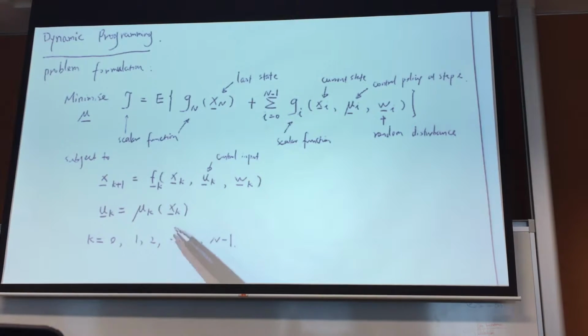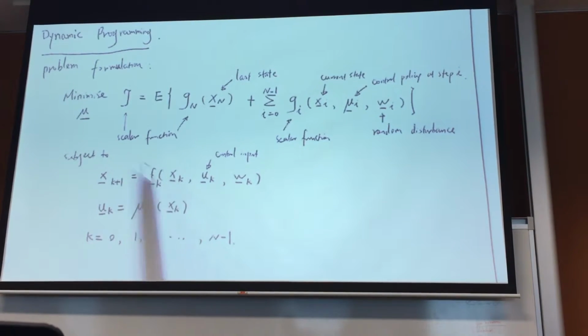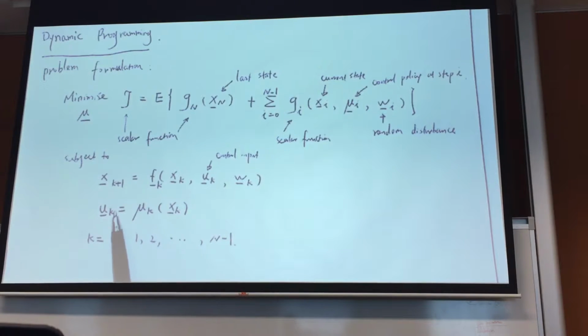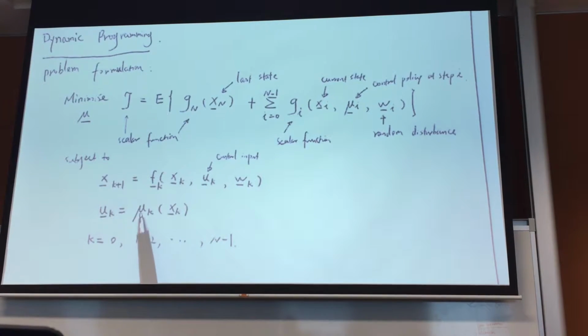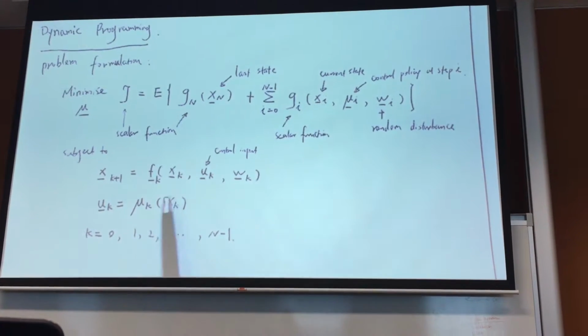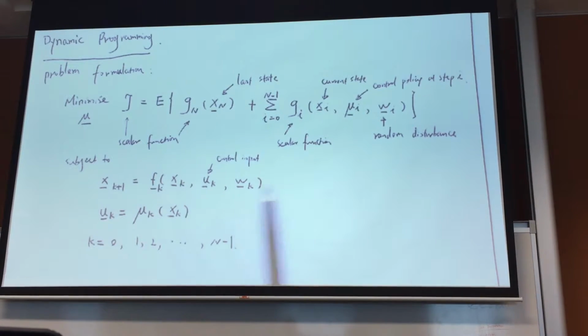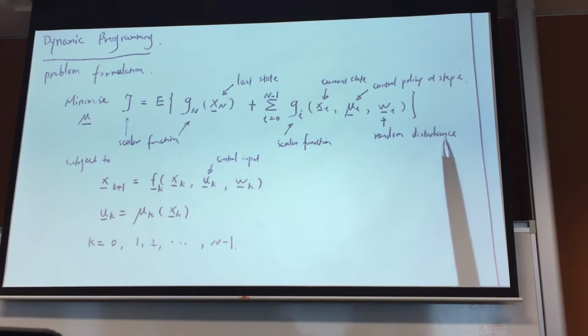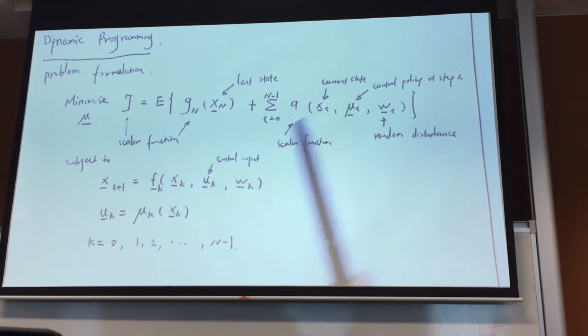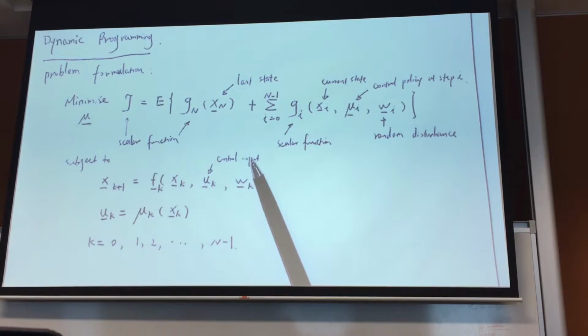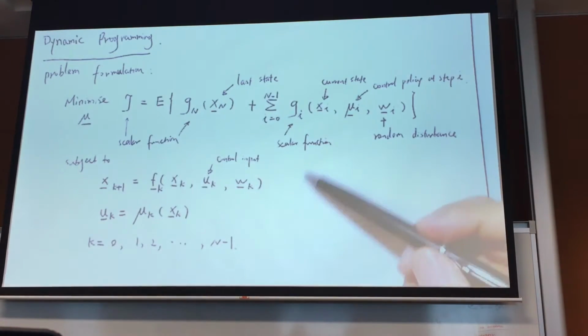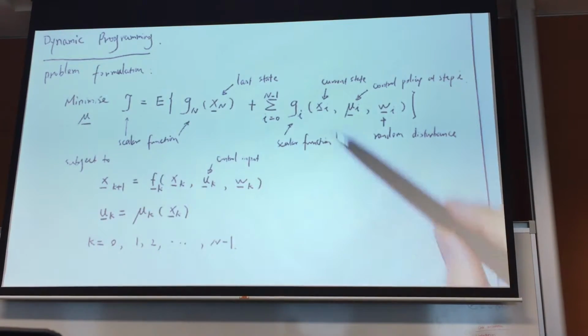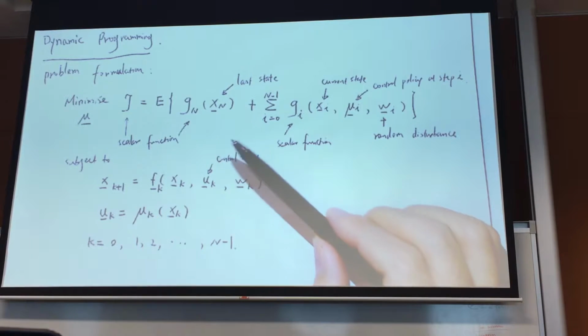We can deal with different control policies in different stages, leading to different states, and we can also deal with the random variables that are caused by the environment. So these are the problems that we are going to deal with.